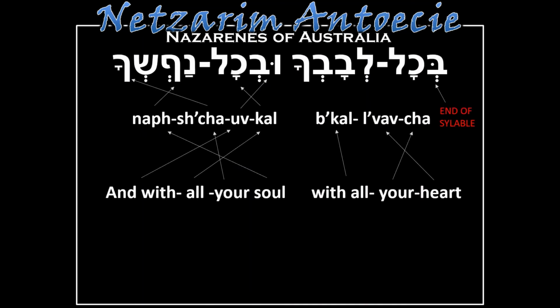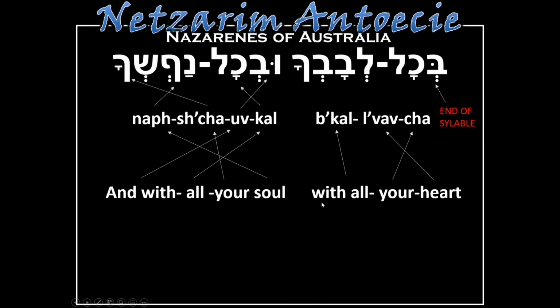Now, we're still completing this part. Now this is a bet, right? So it's b, kal, because that's an a sound, le, vav, cha. It means, b means in, kal means all, levav means heart, and cha is your.